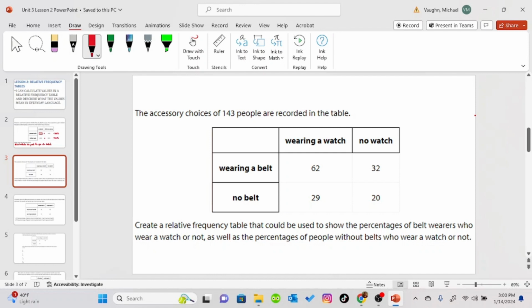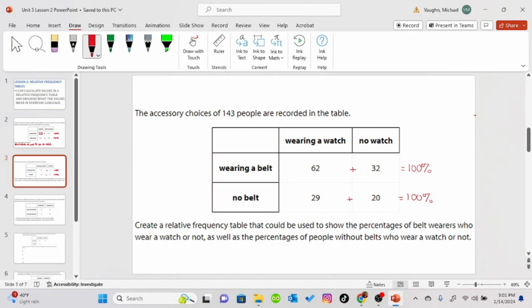So the way that they word this, we want a row relative frequency table. We want these categories to add together to equal 100%. And we want the no belt categories to add together to equal 100%.